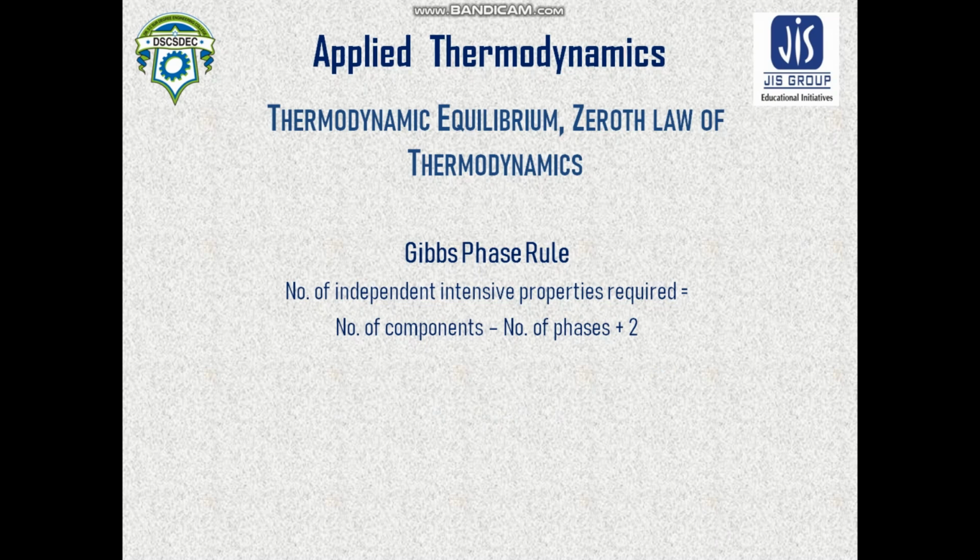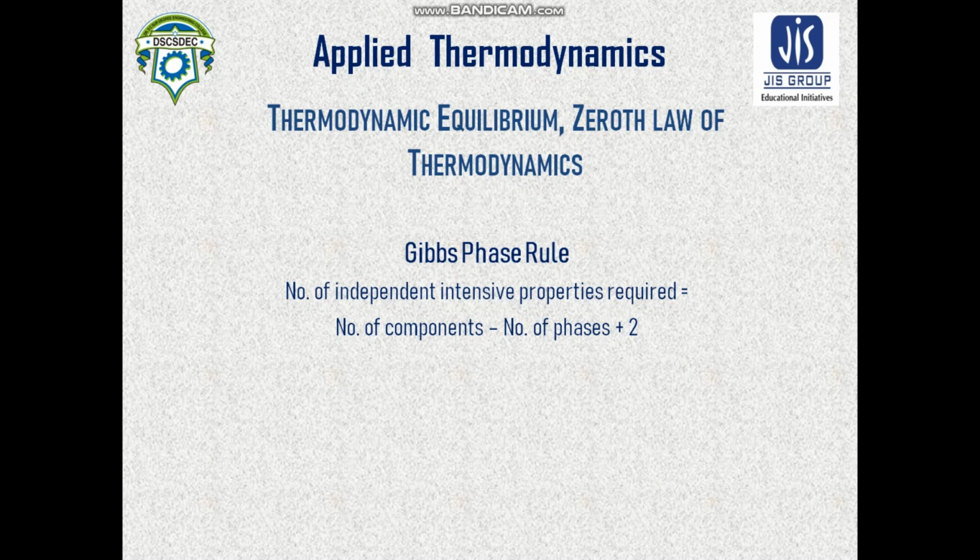From the information of Gibbs phase rule, we have understood that when the number of components is 1 and the number of phases is also 1, then the number of independent intensive properties required is 2.